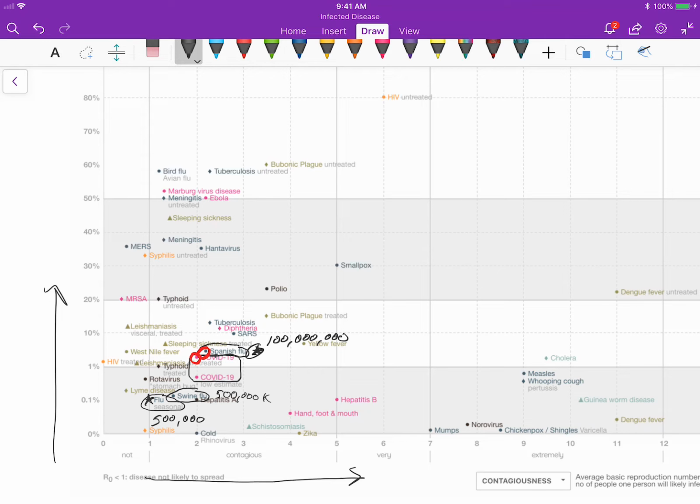And if we're saying that these upper estimates are closest to the Spanish flu, well, there is reason for concern, folks.